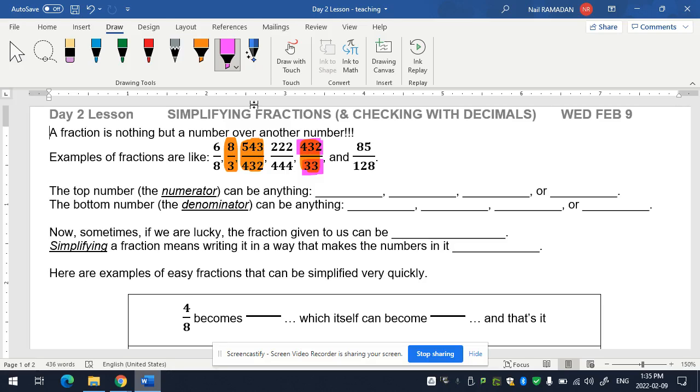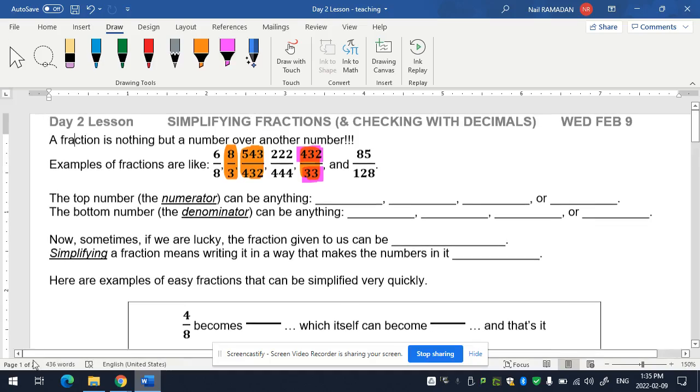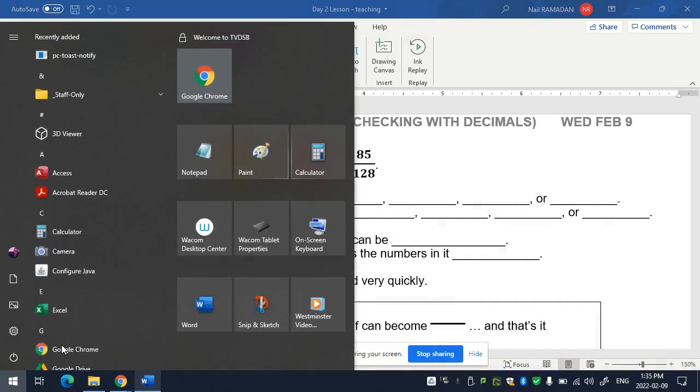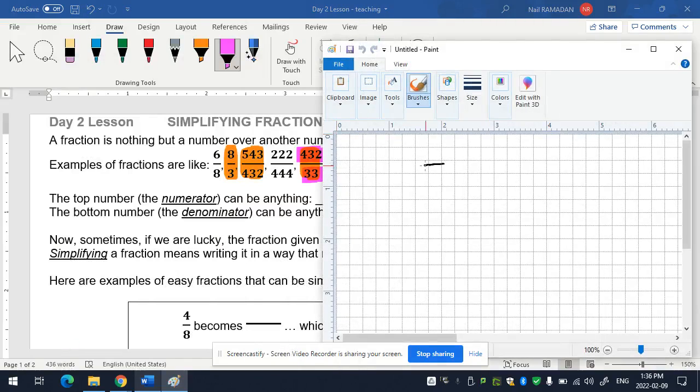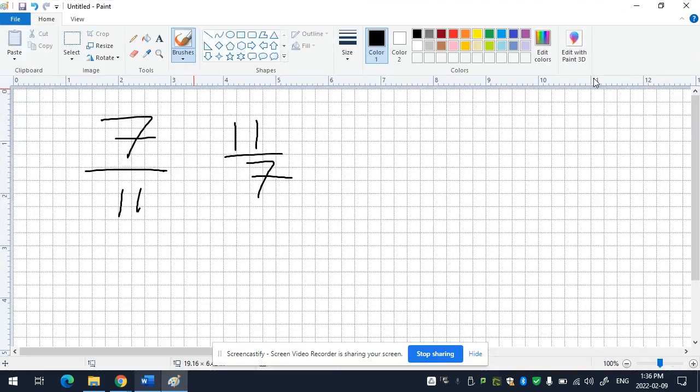So basically, which is our lesson on Friday, this is a fraction. This one is an improper fraction. Why? Because you can turn it into a mixed fraction.